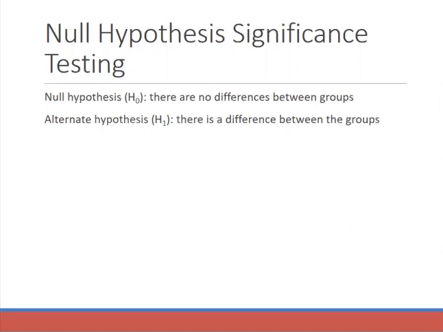Now, one of the key things with hypothesis testing is that we can never directly test the alternate hypothesis. So all of our tests are actually based on whether we retain the null hypothesis or whether we reject the null hypothesis.